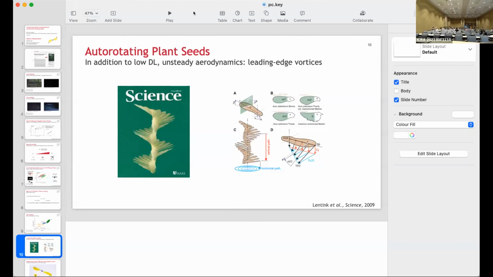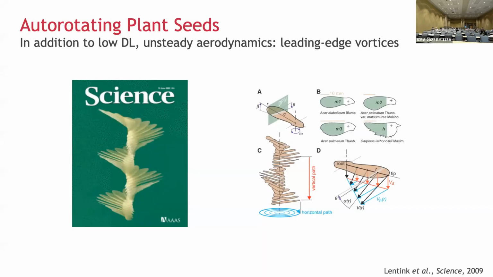Okay, thank you. So that's another thing I want to talk about: maple seeds. There's this paper from Lentink, which was actually a cover of Science from 2009. Another interesting fact about maple seeds is that they generate lift by spinning, rotating and falling, and they also use unsteady aerodynamics, which is the same thing shared by flapping wing insects.